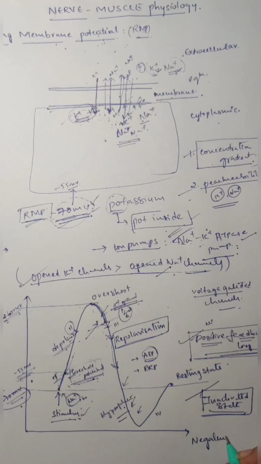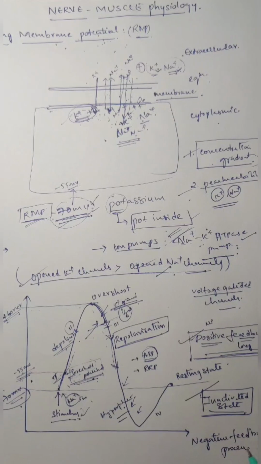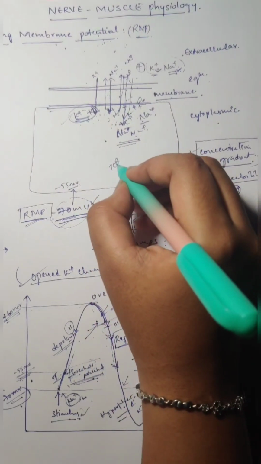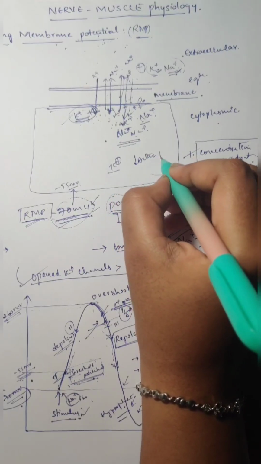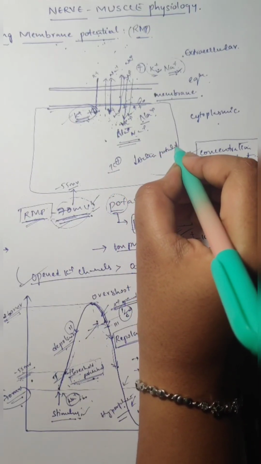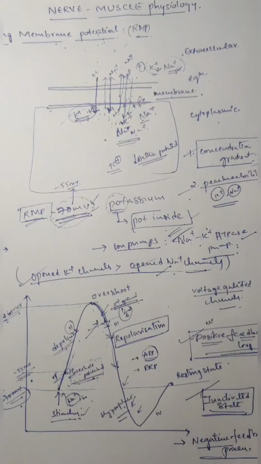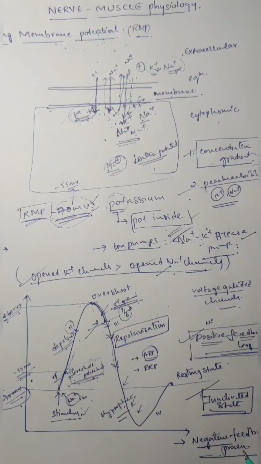What is this negative feedback process? Whenever potassium ions go more inside the cell, the action potential is going to decrease. This phenomenon is a negative feedback because one is increasing and the other is decreasing.